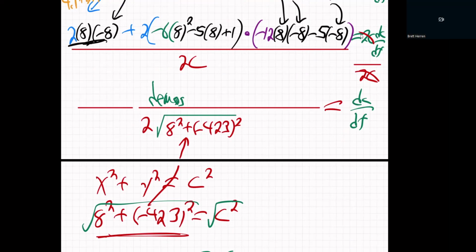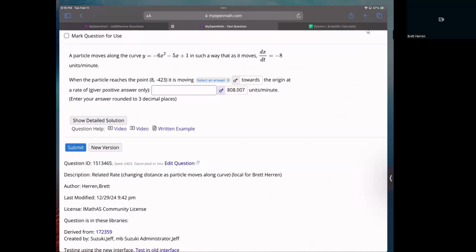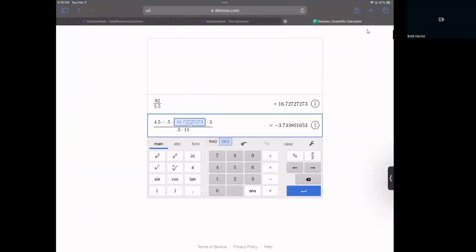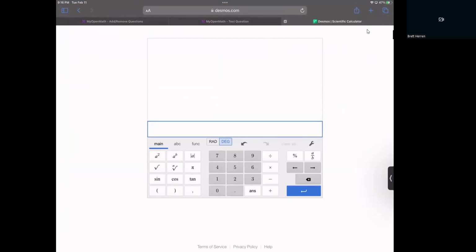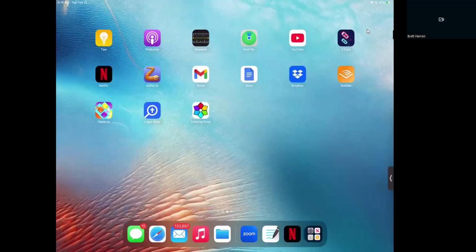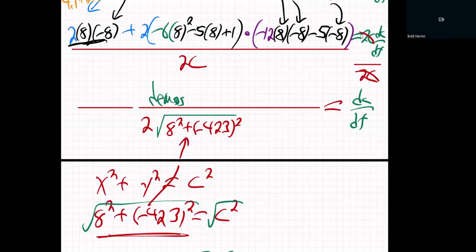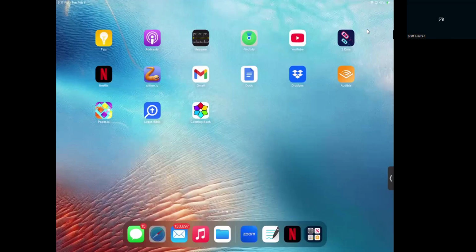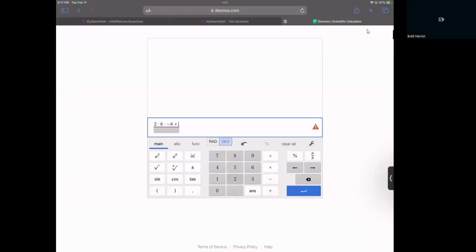2 times 8 times negative 8. I do a fraction. What's next? 2 parentheses, negative 6 times 8 squared.